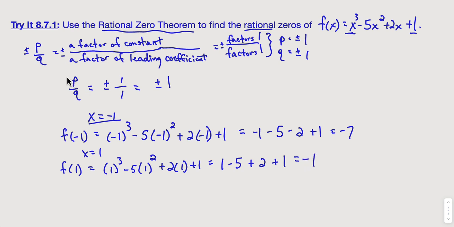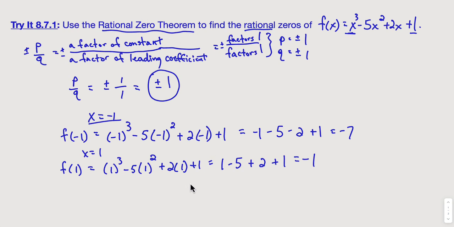So our P's over Q's, these are the only possible rational roots. These are the only factors of the constant over the factors of the leading coefficient, because the only factors of both are 1. So our possible rational zeros are -1 or 1. Those are the only possible rational zeros according to the rational zero theorem.